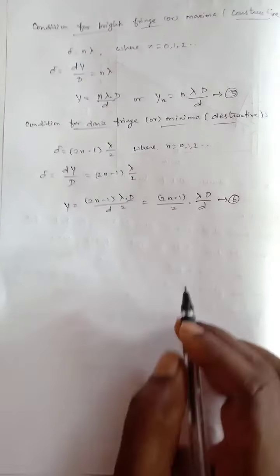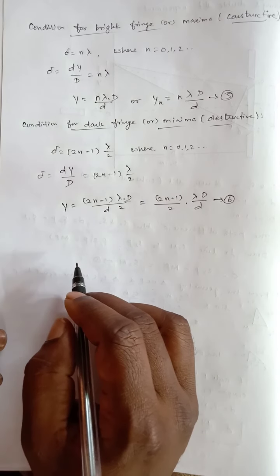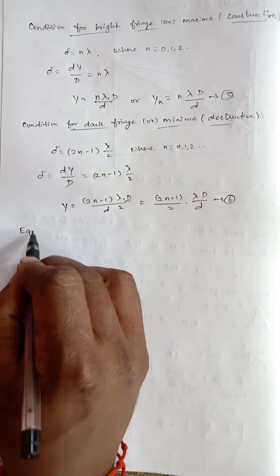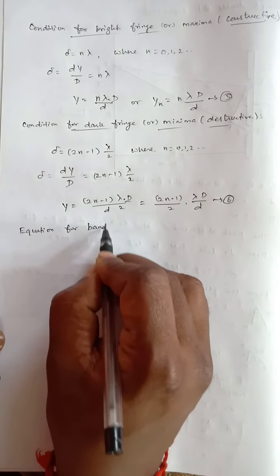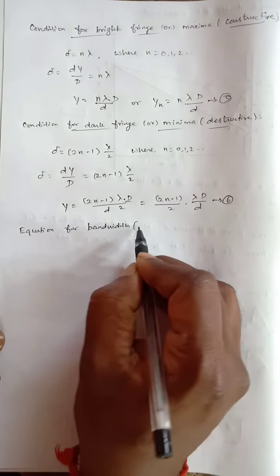Next we have to get the equation for the bandwidth. The symbol is beta.